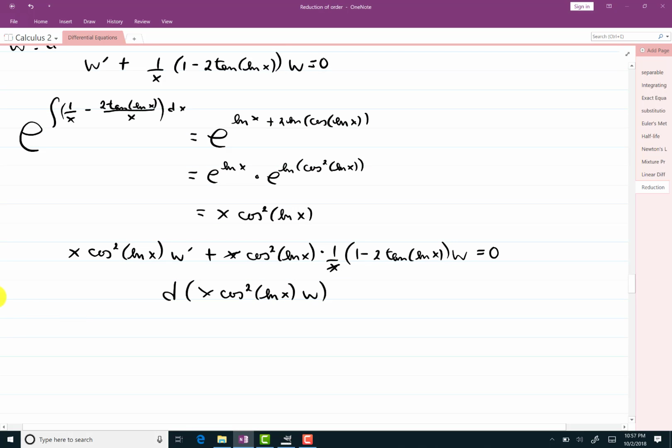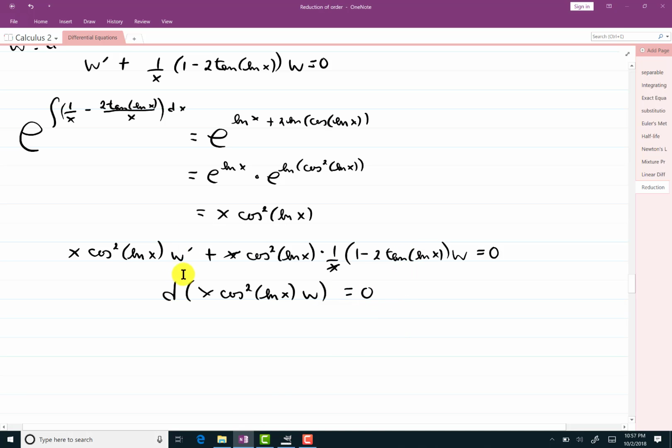Now, for the second piece, when I take the derivative of cosine squared, I'll have 2 cosine of ln of x times negative sine of ln of x over x. That'll cancel, so let's think about that again. Negative 2 cosine sine. So if you take cosine squared times tangent, one cosine will cancel and you'll get negative 2 cosine sine, like I said.